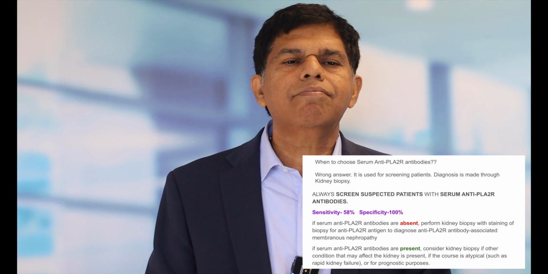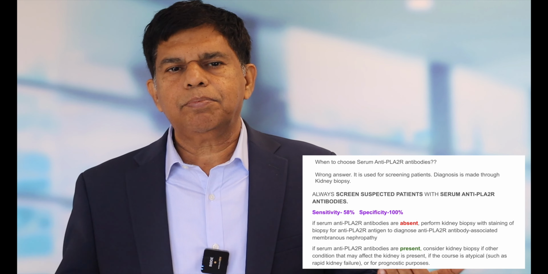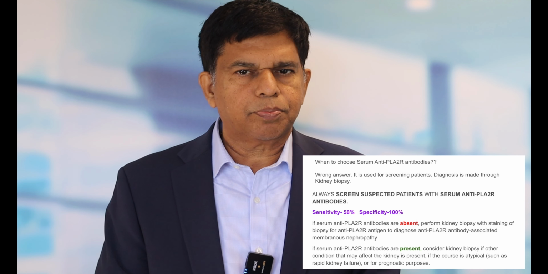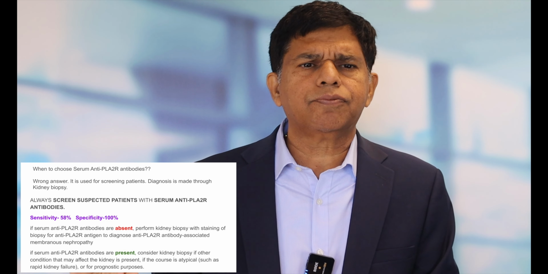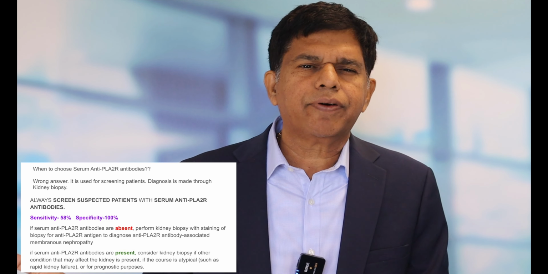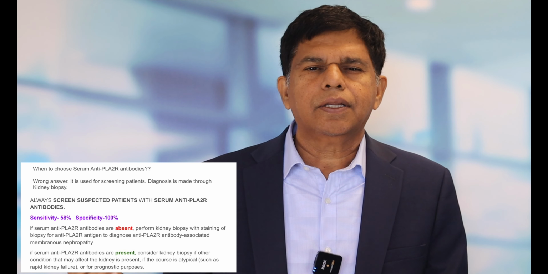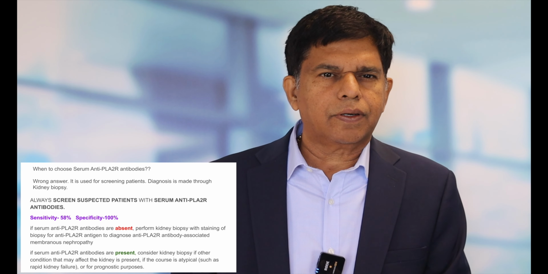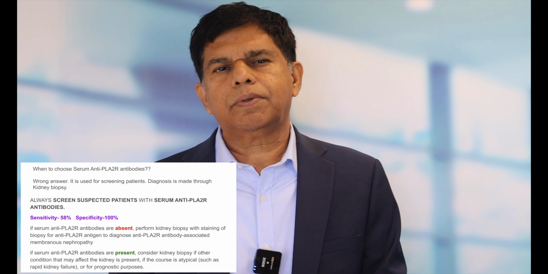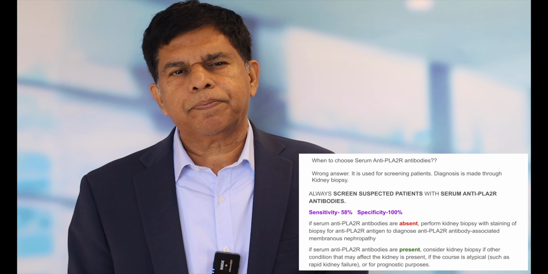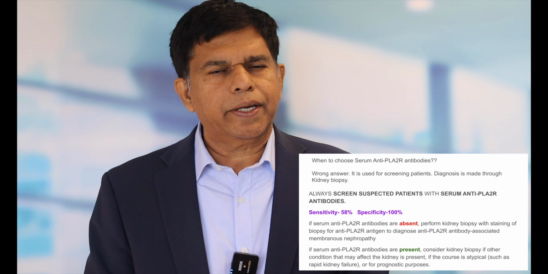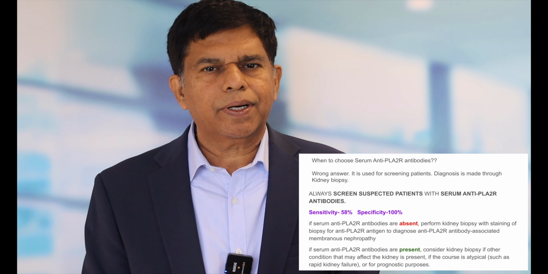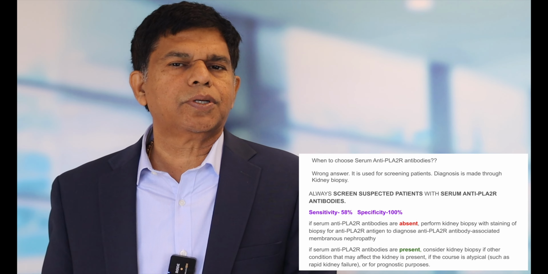Let's say the serum anti-PLA2R antibodies come back present. Consider a kidney biopsy only for other conditions that may affect the kidneys, or if the course is atypical. So the main thing to remember: if anti-PLA2R antibodies are present, you have your diagnosis. But if they are absent, you still have to do the biopsy.